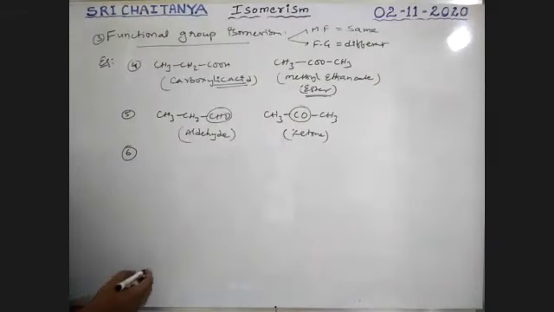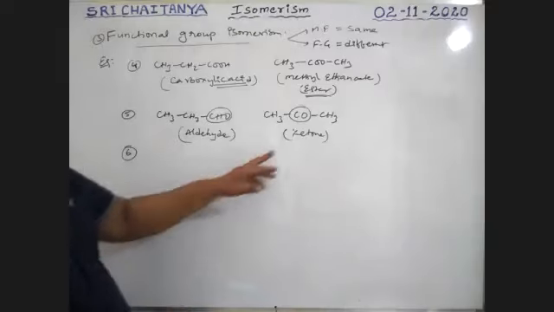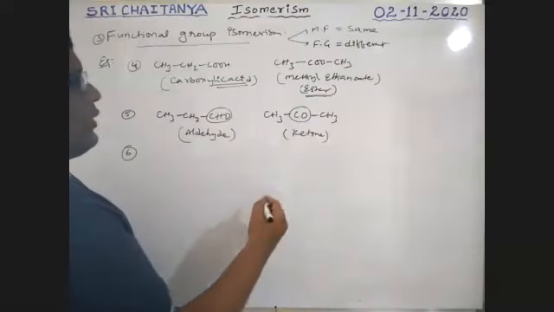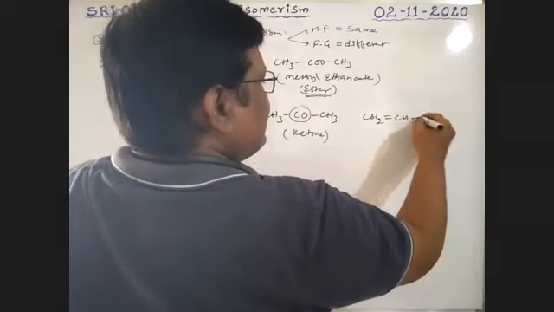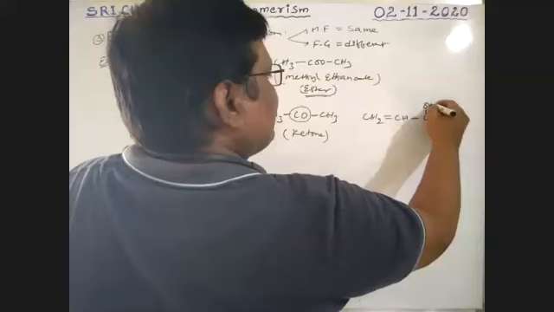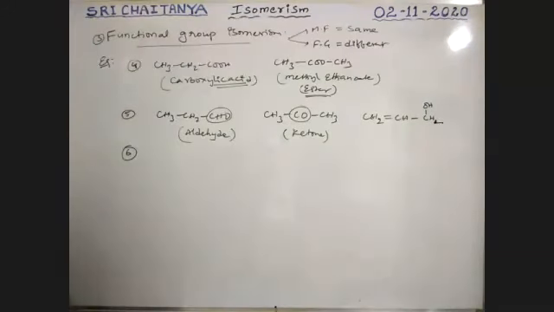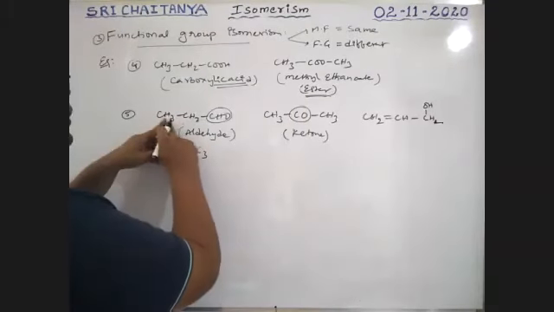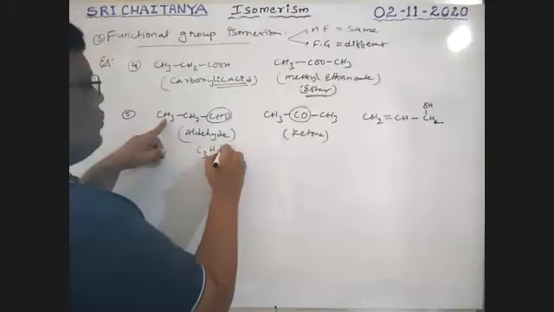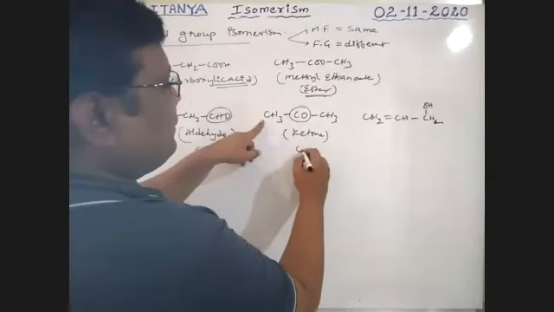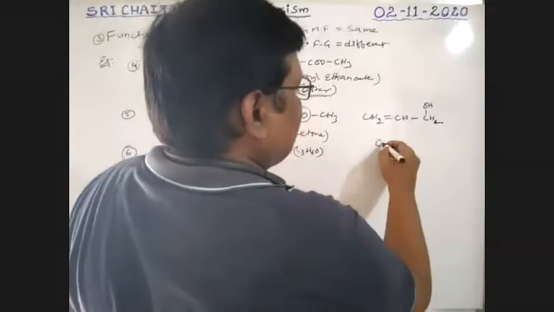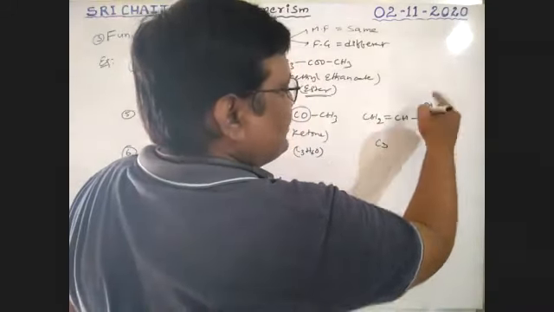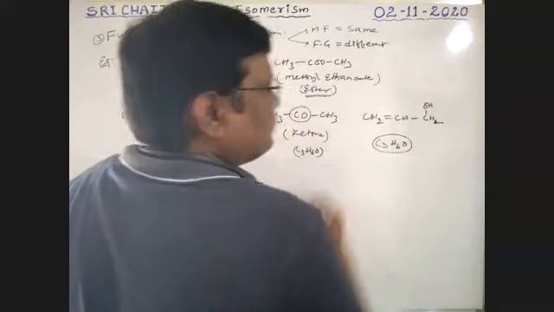Next, see here, boys. Here is a ketone. I am writing another one as CH2=CH-CH2OH. See here, boys, the formula is C3H6O: C3, and 2 plus 3 plus 1 is 6, so H6O.